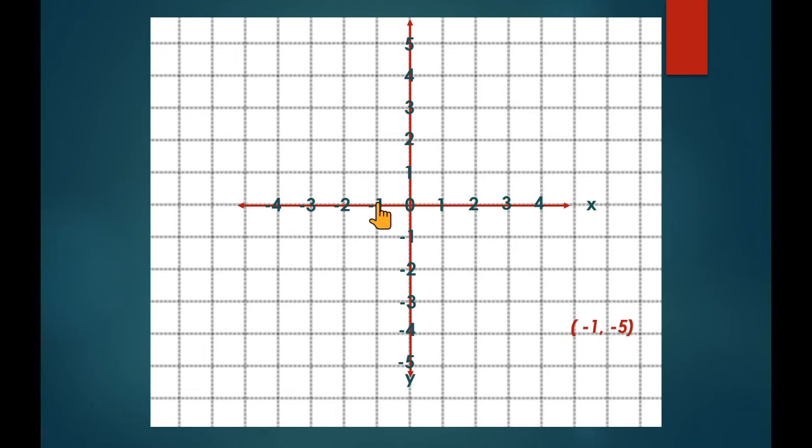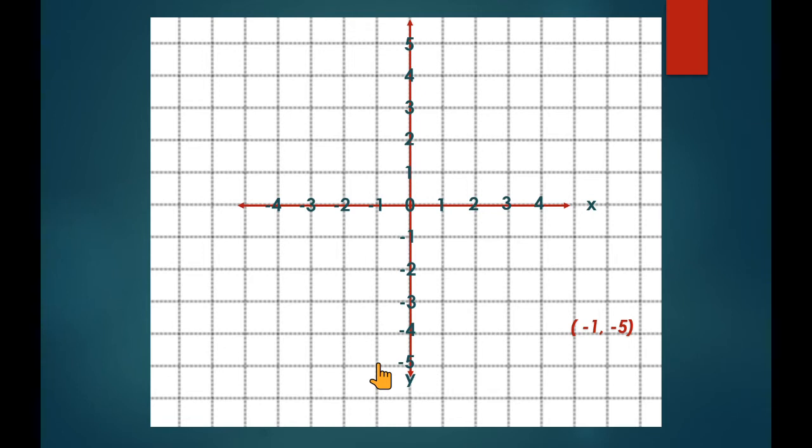Now, from there, sa kinuha nating coordinate ng x, ay pupunta naman tayo sa -5 ng y. Ibig sabihin, we will move downward 5 units. 1 unit downward, 2 units downward, 3 units downward, 4 units downward, 5 units downward.